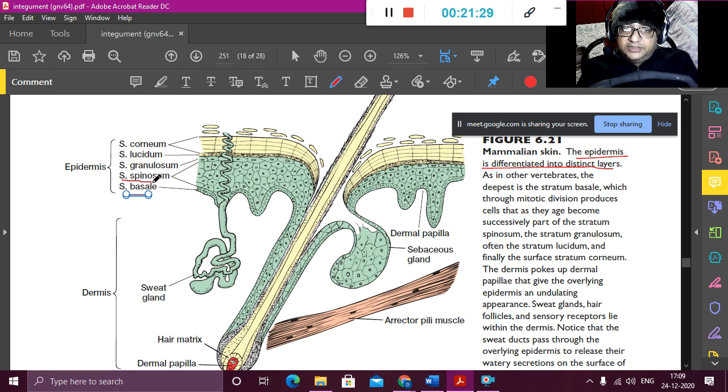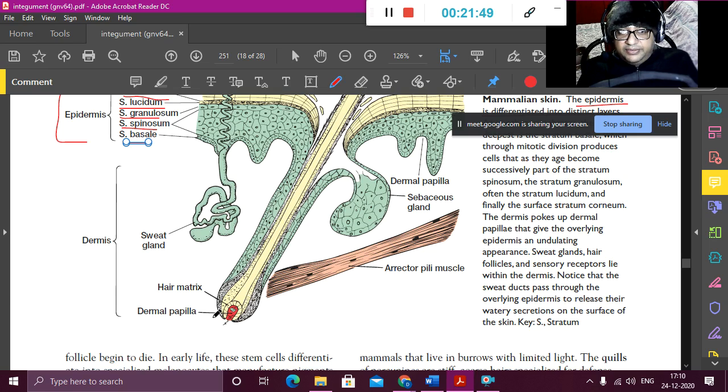Then you have the stratum spinosum, then the stratum granulosum, then the stratum lucidum and the cornified layer or the stratum corneum. This forms your epidermal layer. So this part is living and cellular, and above that is the acellular part.